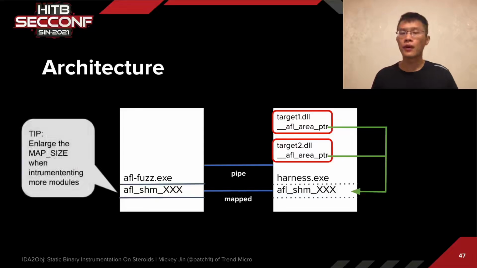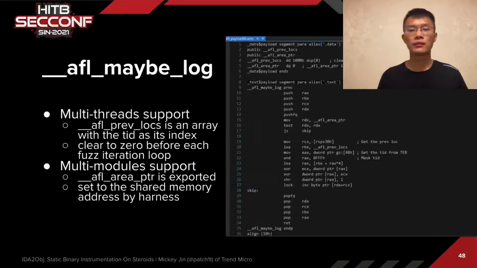The function afl_maybe_log is implemented in afl_payload.asm, which will be linked into the target binary and will be called at each code block to collect the code coverage. The main algorithm is the same as the traditional AFL.